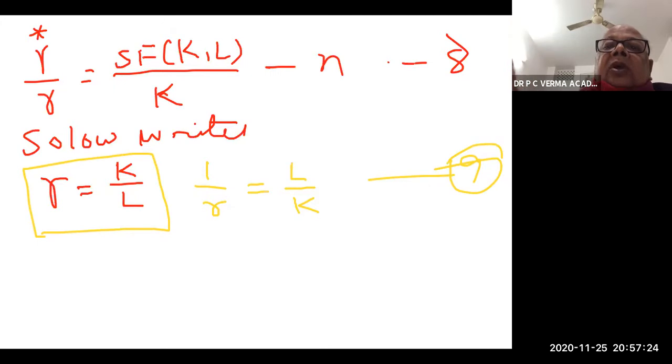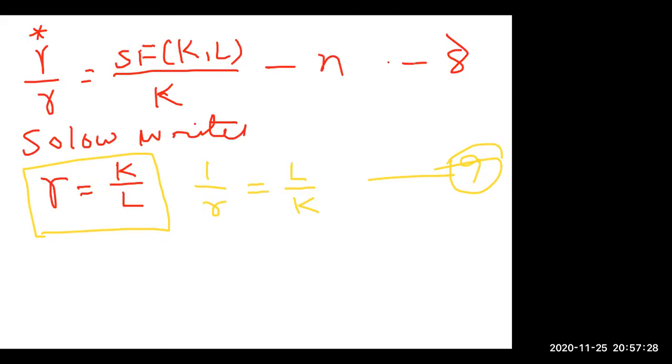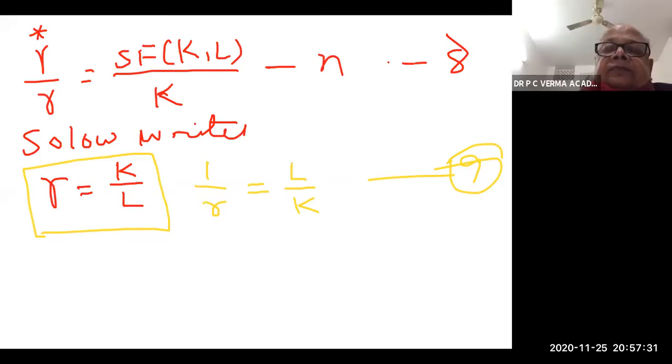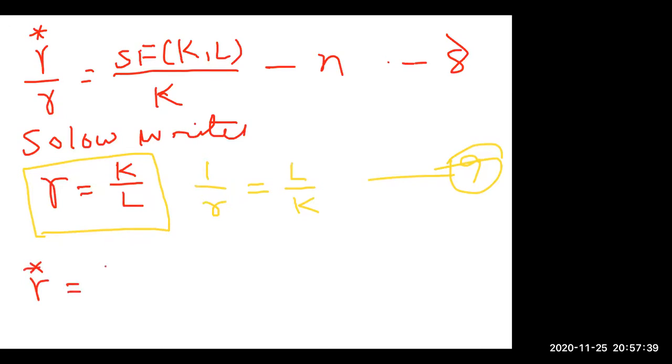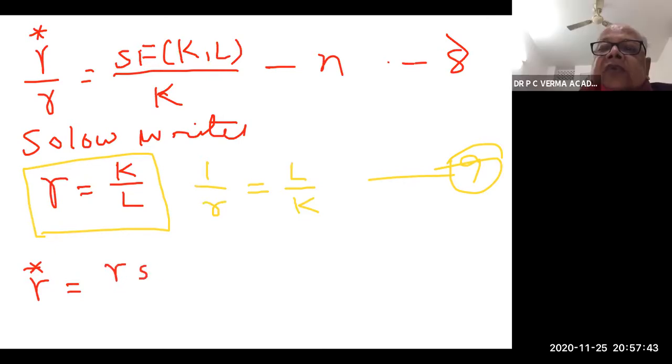Now take this R from the left side to the right side in equation 8. Then we will have R star is equal to R S F K L by K minus NR.